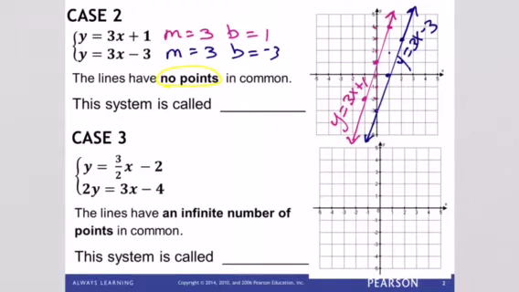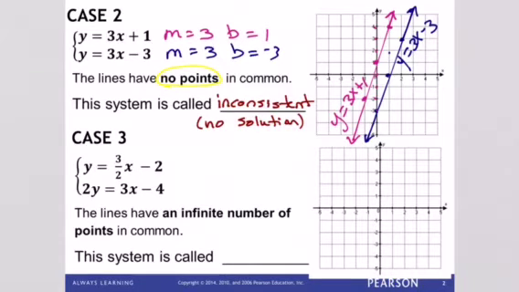Those never cross. So this system is called inconsistent because it does not have a solution. Anytime something has no solution, it's inconsistent.